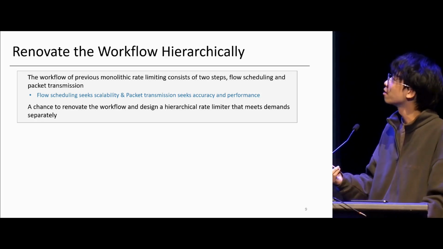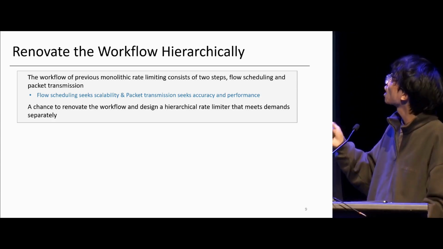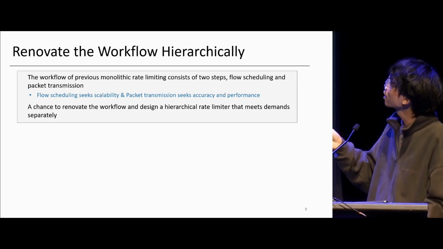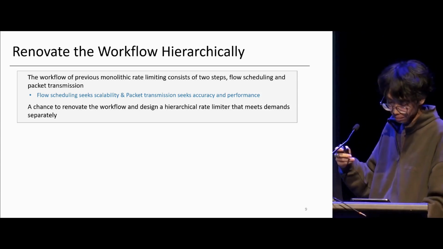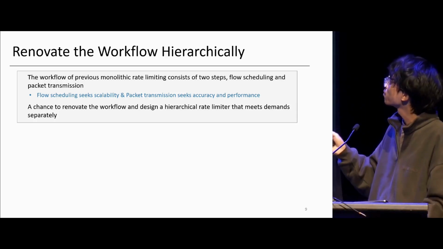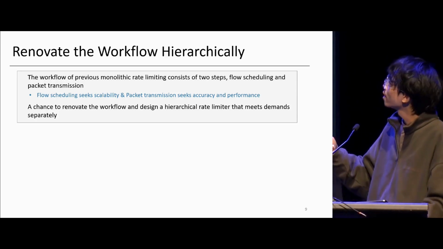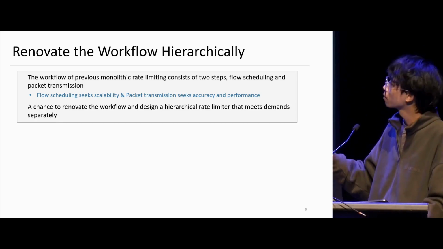We noticed that the workflow of previous monolithic rate limiting consists of 2 steps: flow scheduling and packet transmission. Thereinto, flow scheduling seeks scalability and packet transmission seeks accuracy and performance. So this provides a chance to renovate the workflow and design a hierarchical rate limiter that meets the demands separately.